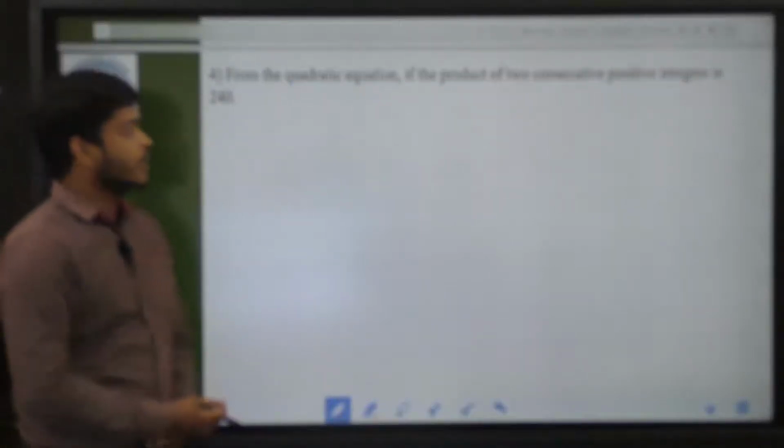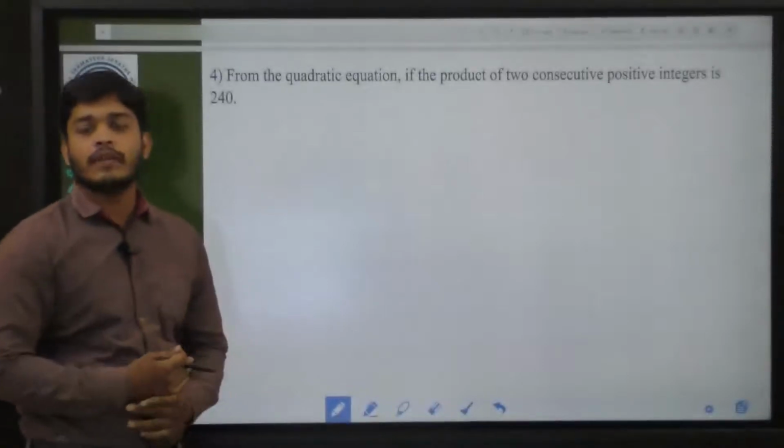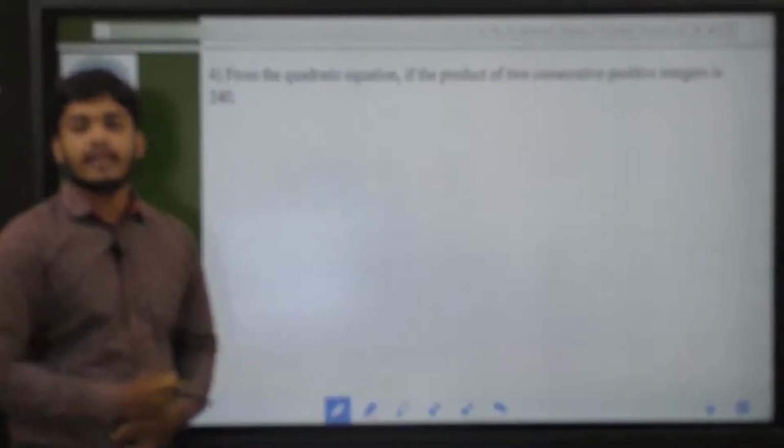The product of two consecutive positive integers is 240; form the quadratic equation.